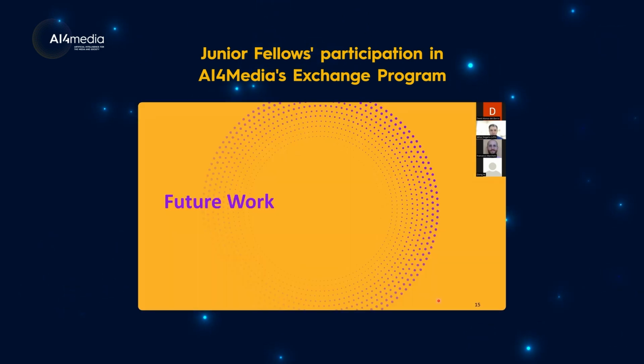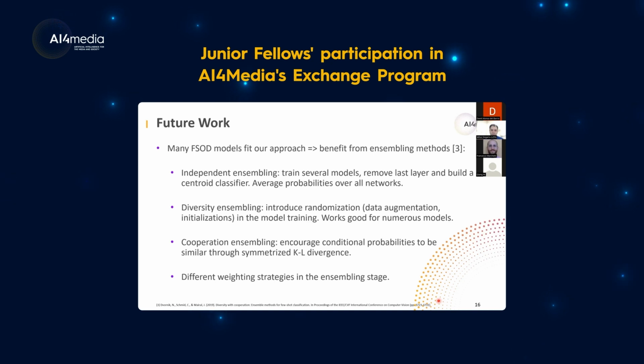Now, regarding the future work, in the few-shot object detection setup, we want to extend this work to benefit from different ensembling methods. So the most important part is the ensembling strategy, meaning that we want to invest some time and effort here in order to see which strategy works the best for our case.